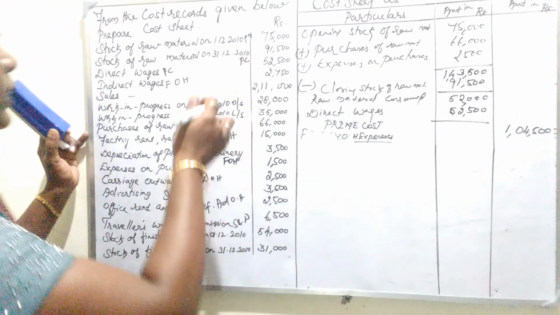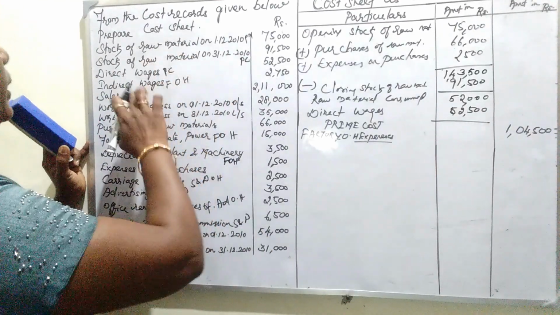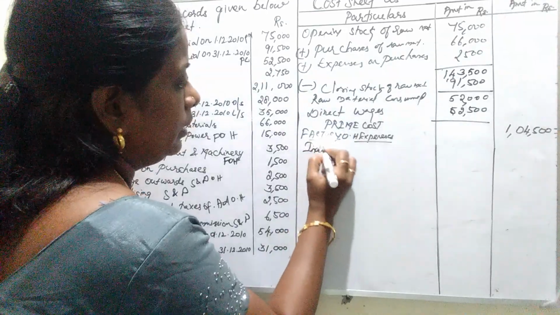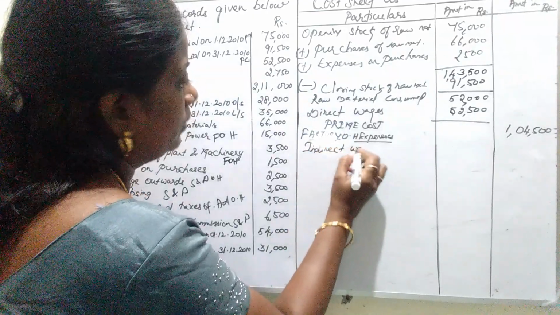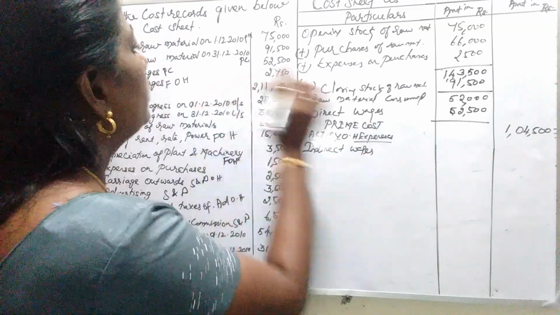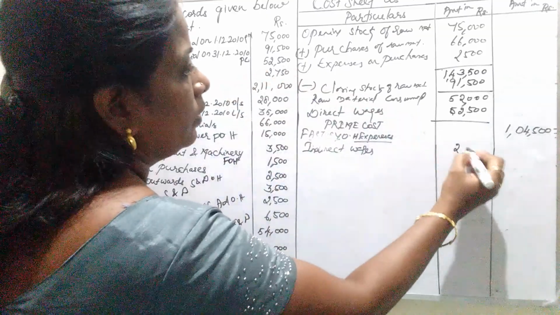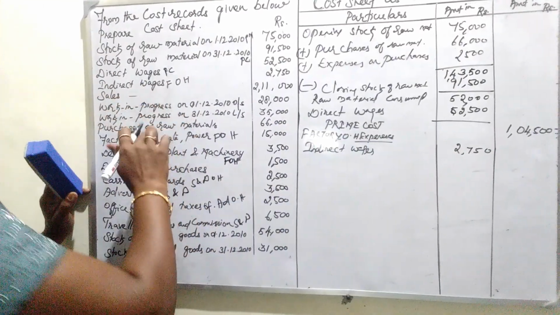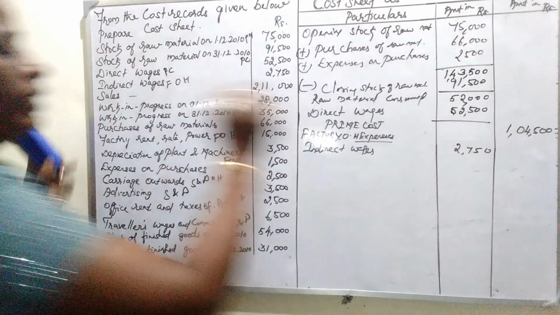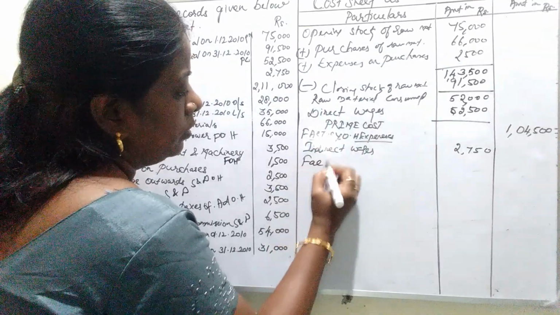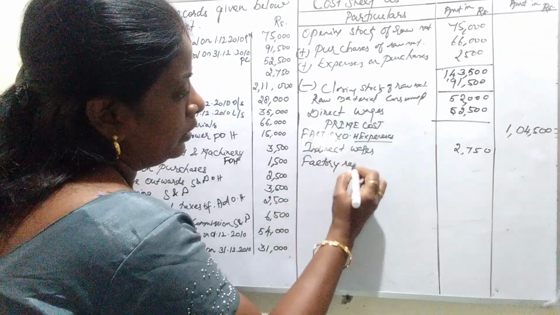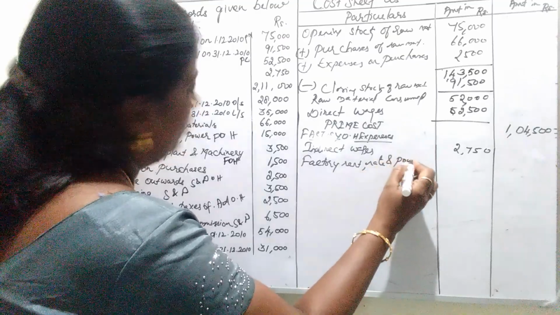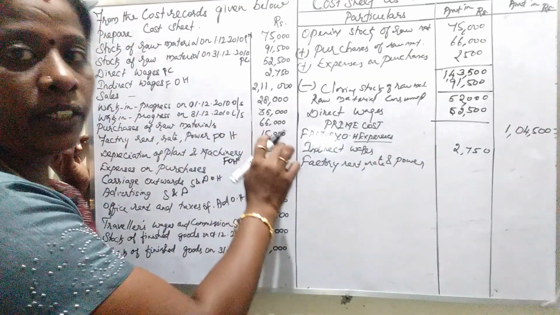So what are the factory expenses we are mentioning here? This is indirect wages. The amount is 2,750. Then factory rent, rate and power. This is 15,000.